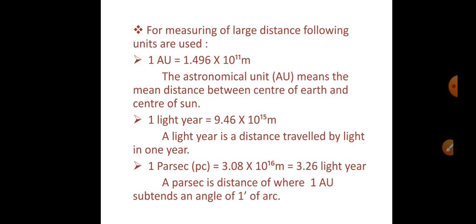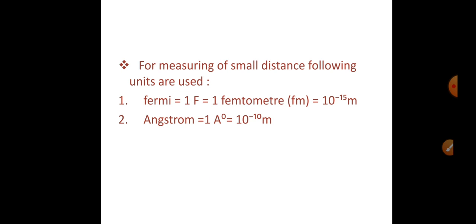But there are also very small quantities, like the size of an electron and the charge on an electron. The wavelength of light is also a very small quantity, and for these we express small quantities in different units, such as the Fermi.